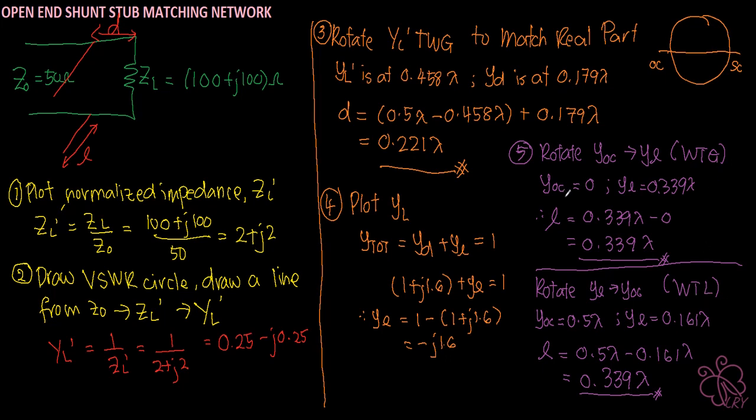You just have to know where our open circuit is, whether it is at 0 or at 0.5, and whether your reading is towards generator or towards load. Okay, so I hope you can understand the open and shunt stub for today. Enjoy. Thank you.